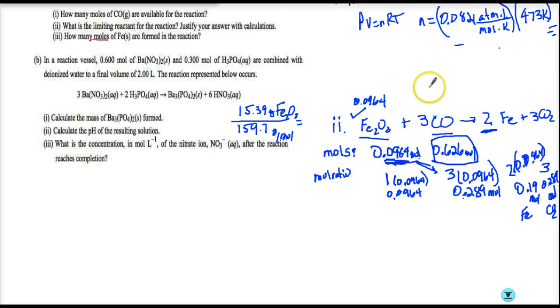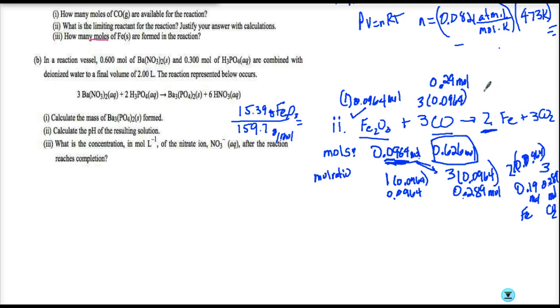Fast forward. Okay. So that was my 1 because my coefficient here is 1, and it is my limiting reactant. That's my 1. 3 times that amount, that's how many moles I'm going to get. These are moles. So I'm only going to use up 0.289 moles. The rest of it's going to be sitting there.